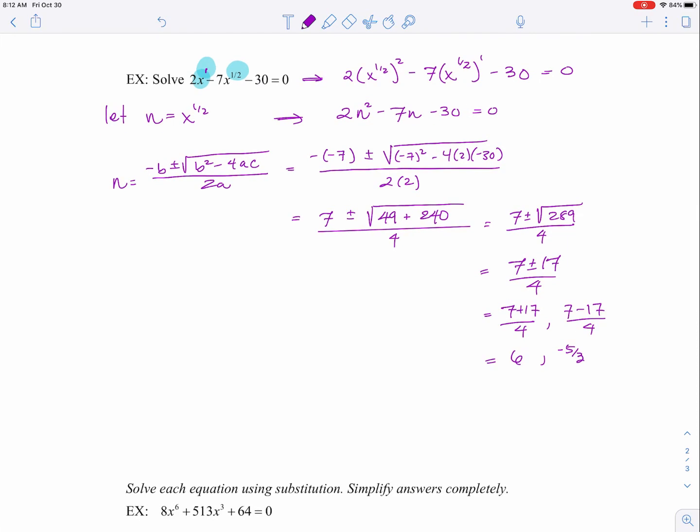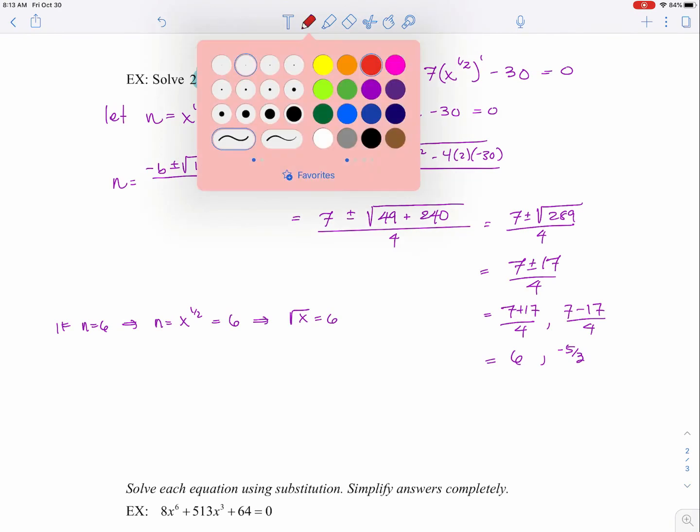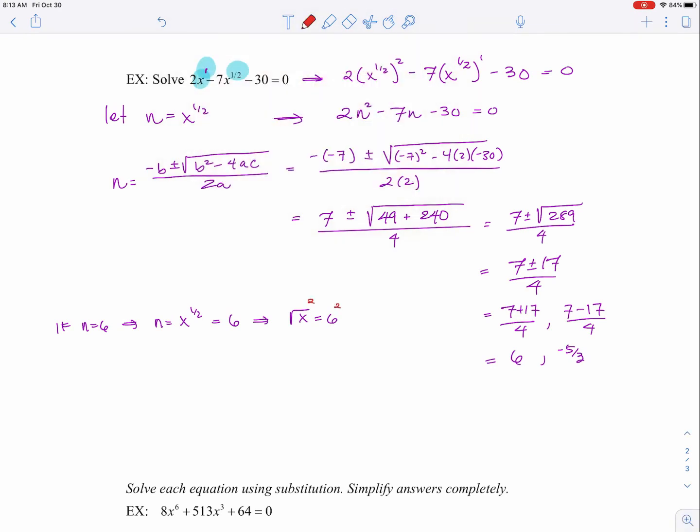So as we undo our substitution here, if n equals 6, remember that n is x to the 1/2, but x to the 1/2 is the same thing as the square root of x. So the square root of x equals 6, so we're going to have to square both sides here. And what we see is one answer is x is 36.